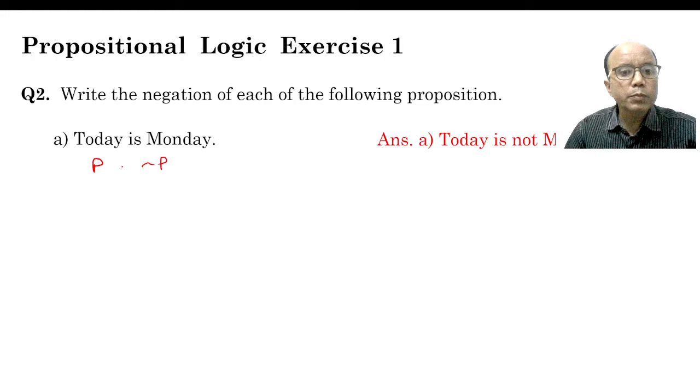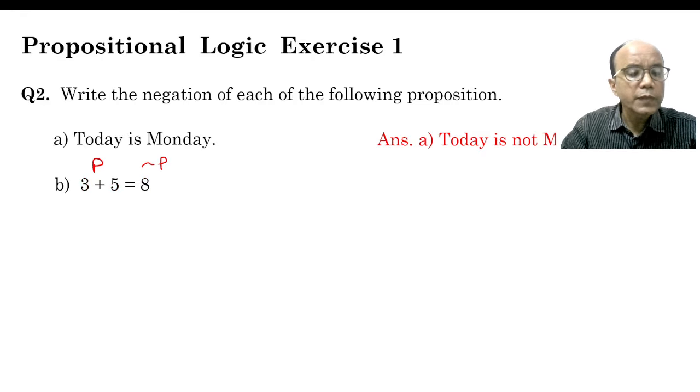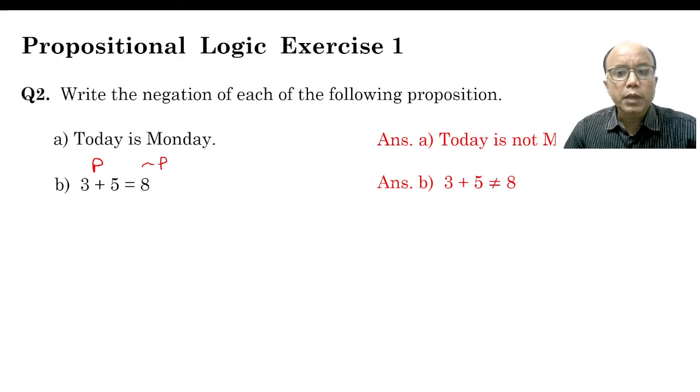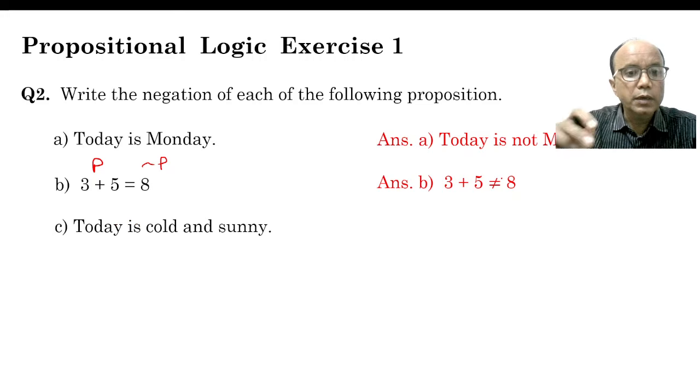So the negation of this proposition is today is not Monday. 3 plus 5 equal to 8. Similarly, you can write it in the form of a sentence as the sum of 3 and 5 is 8. So the negation of this should be the sum of 3 and 5 is not equal to 8. So you can write it 3 plus 5 is not equal to 8.